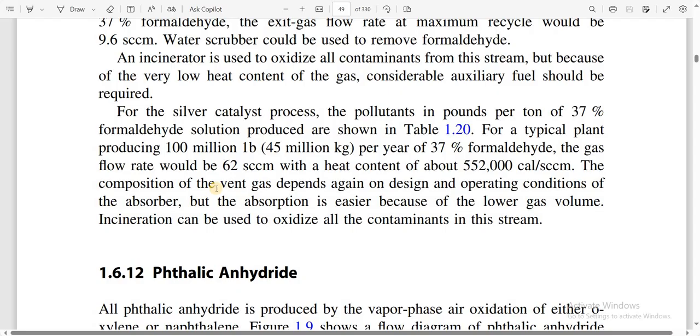The composition of the vent gas depends again on design and operating conditions of the absorber, but the control is easier because of the lower gas volume. Incineration can be used to oxidize all the contaminants in the stream.